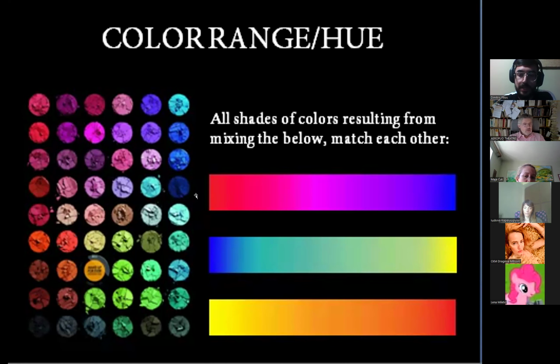In this image, all shades of colors resulting from mixing the below categories match each other. That means that if we combine red and blue, we have a big spectrum of in-between colors that match each other. The same goes for the blue and yellow category and the yellow and red category as well.